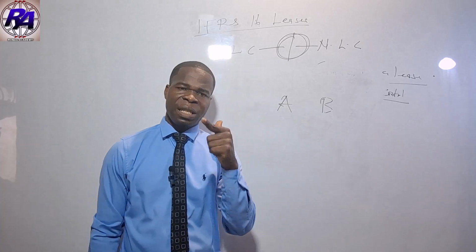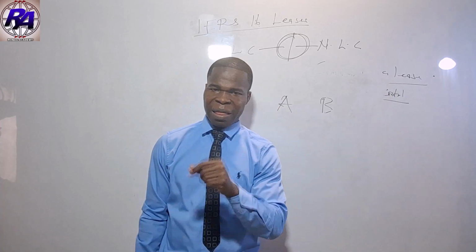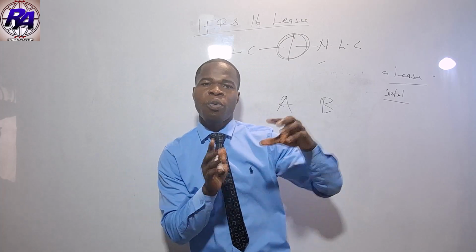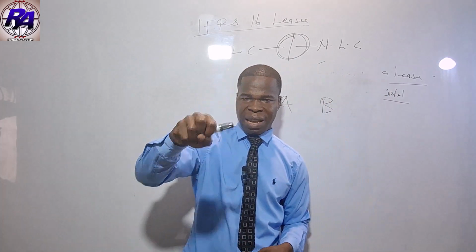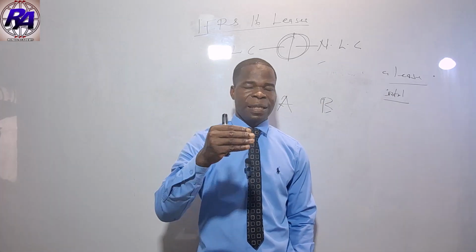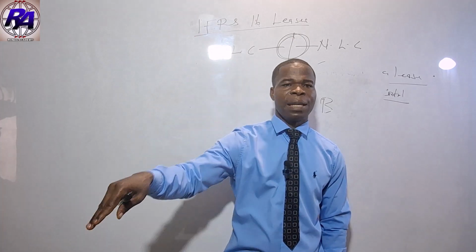Now, we need to distinguish between who is a lessee and who is a lessor. The distinction between lessee and lessor is a matter of who provides the underlying asset and who obtains the underlying asset. When we talk about the underlying asset, it is the subject matter, the subject item in the lease.